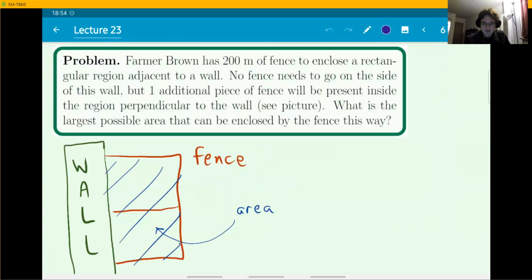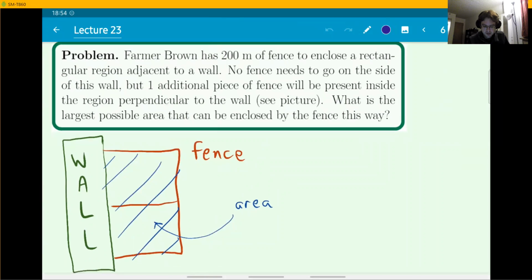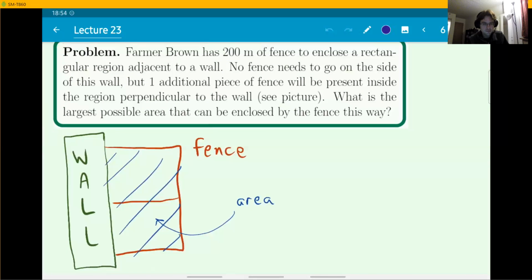We're going to do the same thing for all these problems. Analyze carefully, identify the functions. This is a classical one. Farmer Brown has 200 meters of fence to enclose a rectangular region adjacent to a wall. No fence is going to go on the side of the wall, but one additional piece of fence must be present inside of the region perpendicular to the wall.